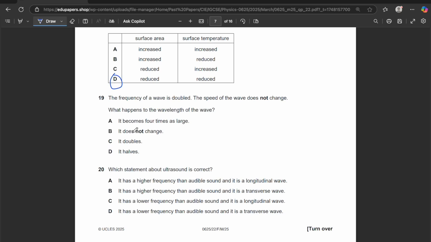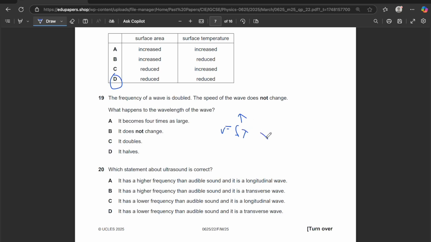19. The frequency of a wave is doubled and the speed does not change. So what happens to the wavelength of the wave? So we have this wave equation. V is equal to frequency into wavelength. So because frequency increases, what happened to the wavelength?